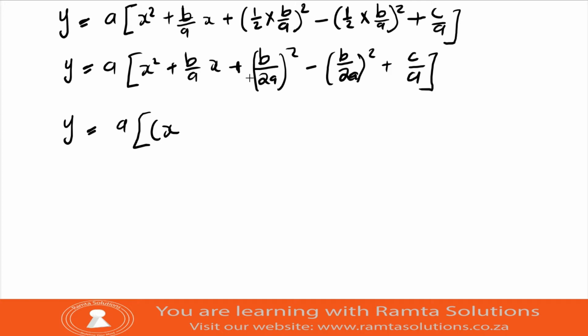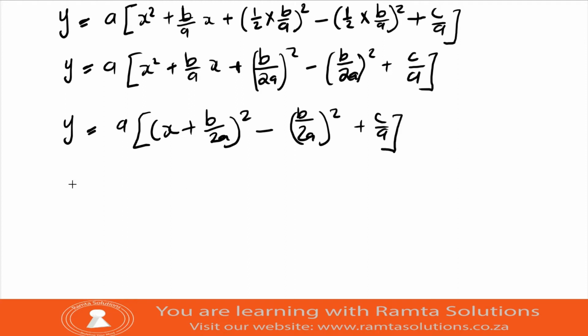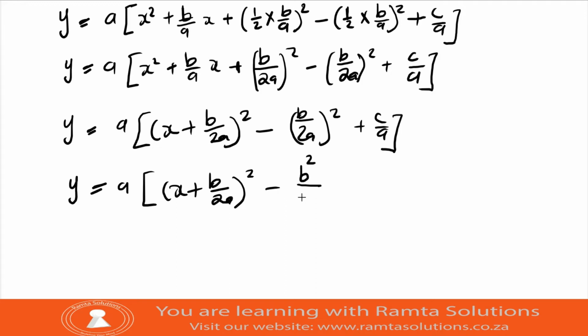We'll say this is x plus b over 2a all squared, because it's positive here. And we have y equals a into x plus b over 2a all squared minus b squared over 4a squared plus c over a.